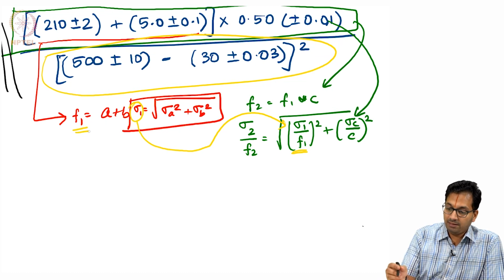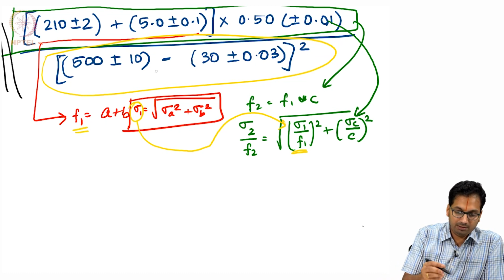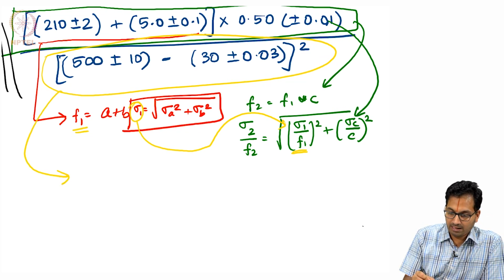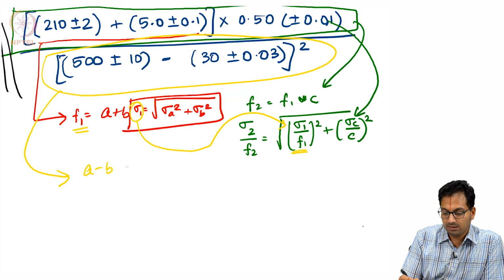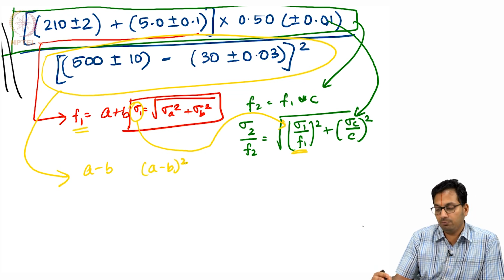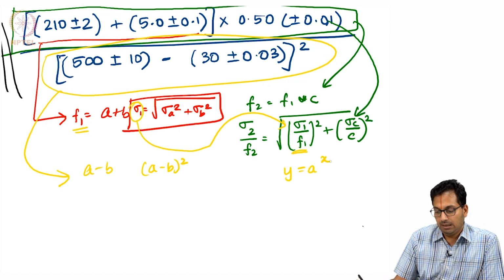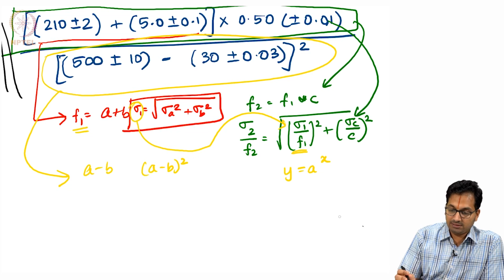And on the other hand, what you are able to see at the denominator has two different functions that are going with it. The denominator has something like a minus b, and on top of it you also have a minus b the whole square. So, you are going to be exploiting the formula such as y equal to a power x, and then finally let us say this is f3.